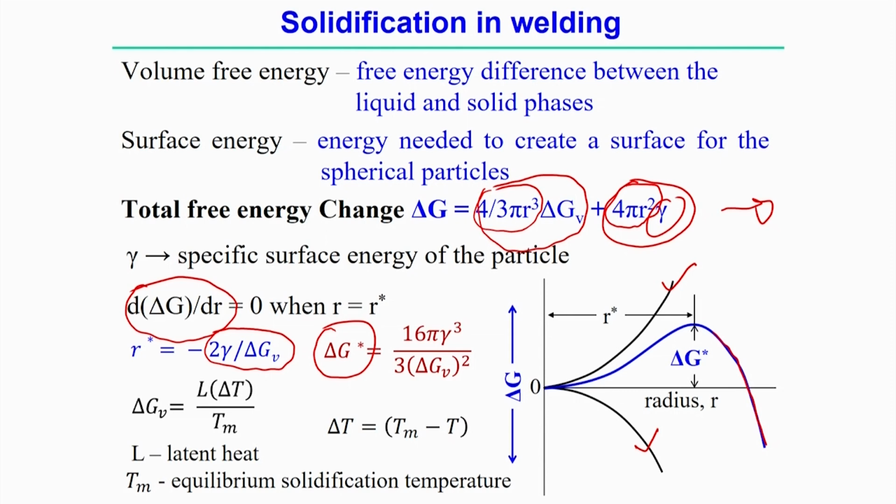Now, in the critical size of the nucleus there is a negative sign, which depends on the sign convention we consider for delta G V. We can consider the magnitude of the size of the critical nucleus: twice the ratio of the specific surface energy to the volume free energy, that is, the free energy difference between the liquid and the solid phase.